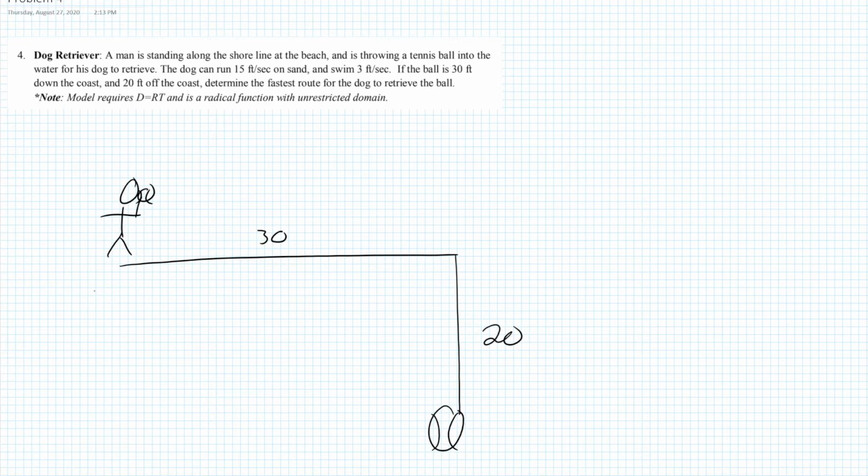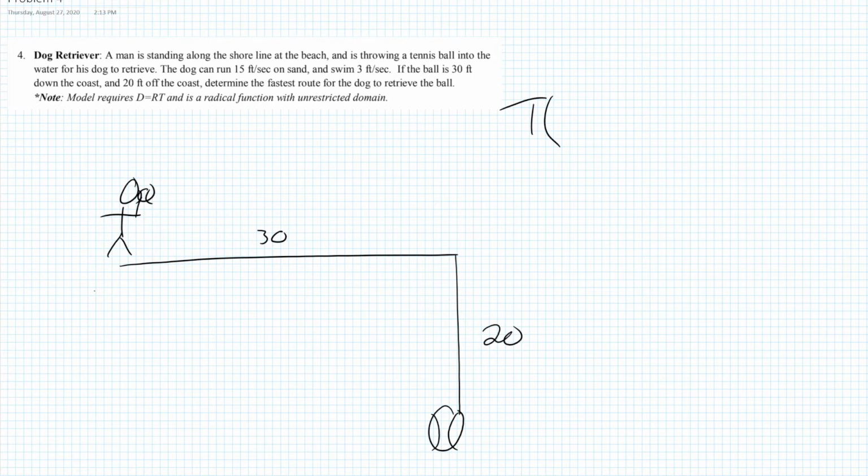One extreme path would be the dog goes 30 feet horizontally and 20 feet vertically, swimming into the water. Let's think of how long that would be.